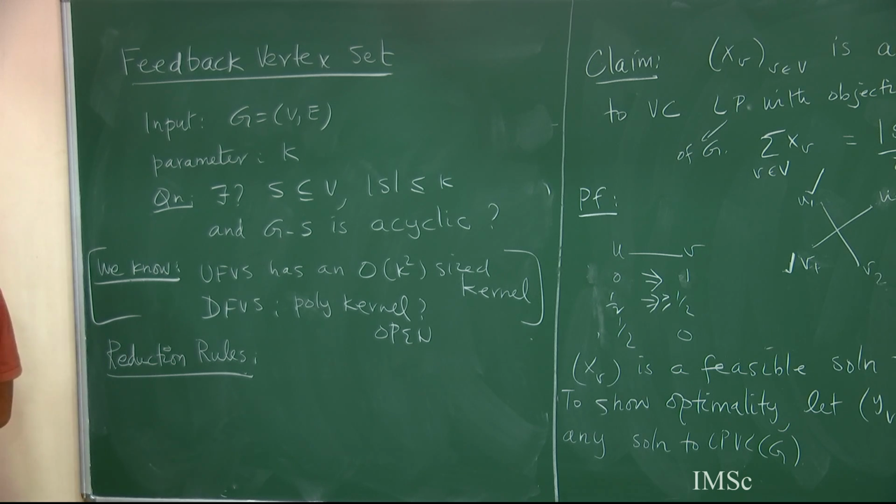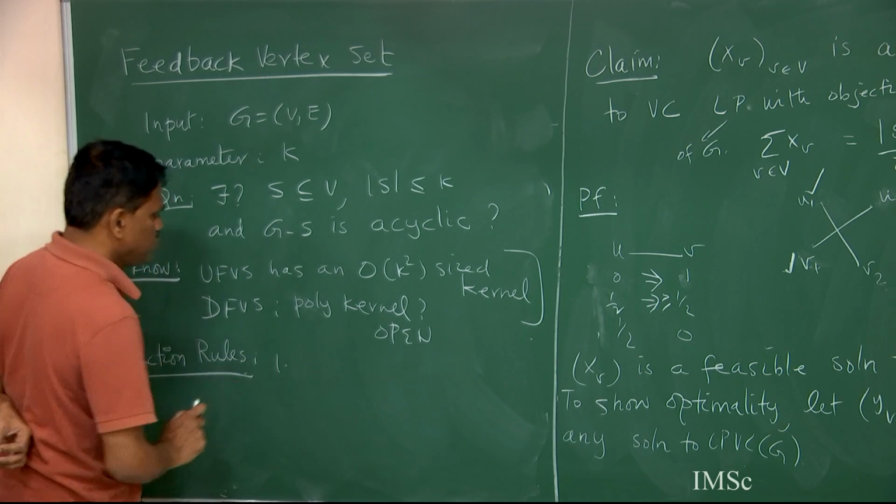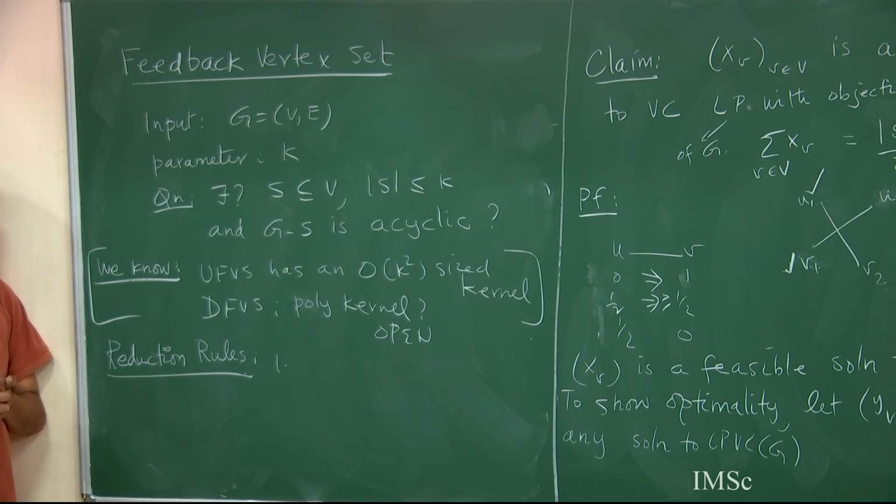What are some simple rules? You want to cover all cycles, right? Get rid of vertices with degree less than or equal to 1.